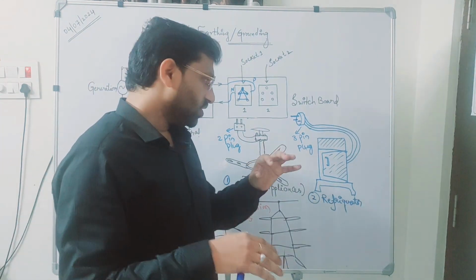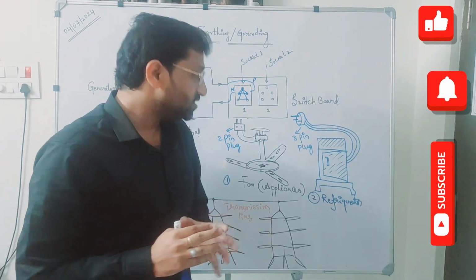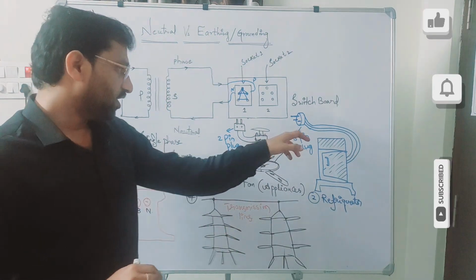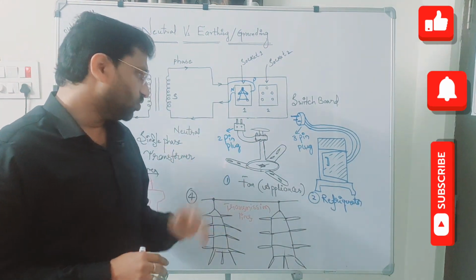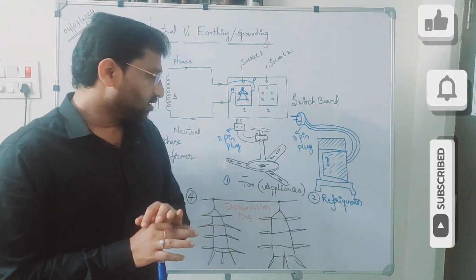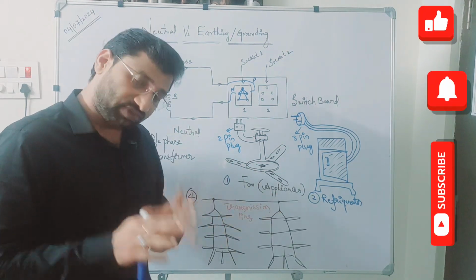That means higher power capacity appliances will have a 3-pin plug connection, whereas smaller appliances will have only a 2-pin plug. However, it is not that we cannot use 3-pin for all appliances. We have to use it actually.